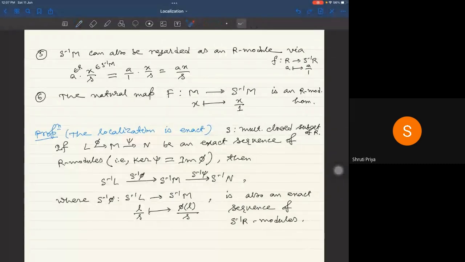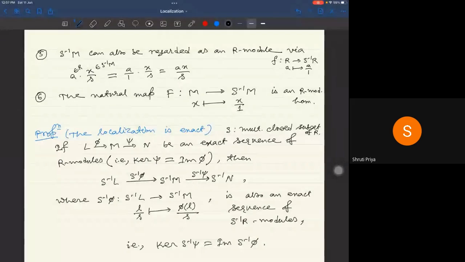So what I mean is that the kernel of S inverse psi is the same as the image of S inverse phi.